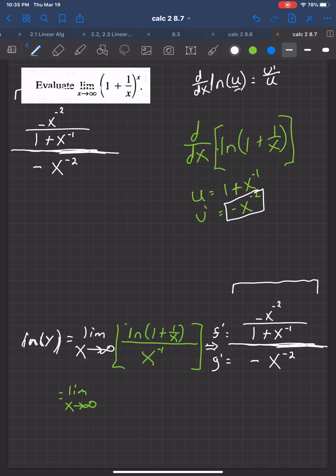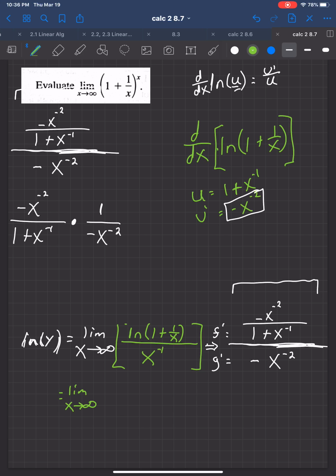Sorry, but I do this in real time. Looking at the clock, looking at how much time I've spent on this problem, it looks like it's taken longer than I wanted it to. So negative x to the negative 2 over 1 plus x to the negative 1. And now I'm going to basically flip and multiply. So that's 1 over negative x to the negative 2.